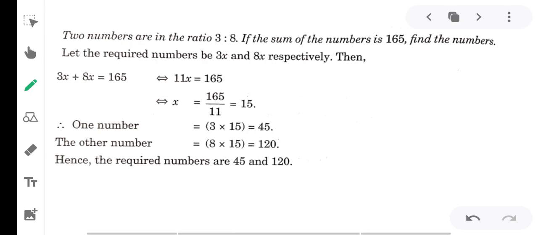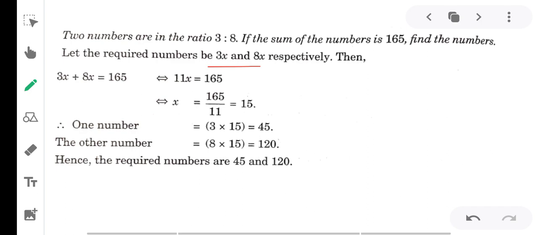Two numbers are in the ratio 3:8. If the sum of the numbers is 165, find the numbers. Okay, so let the required numbers be 3x and 8x, because the ratio is given as 3:8.